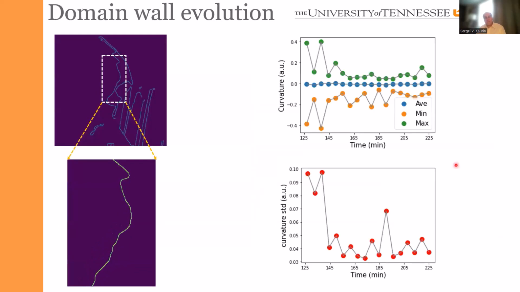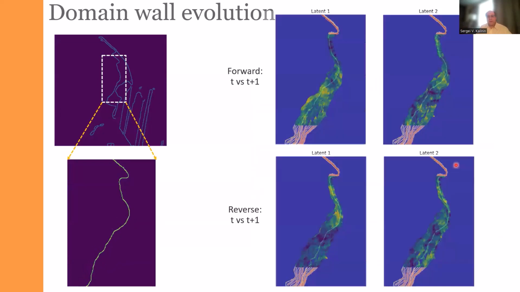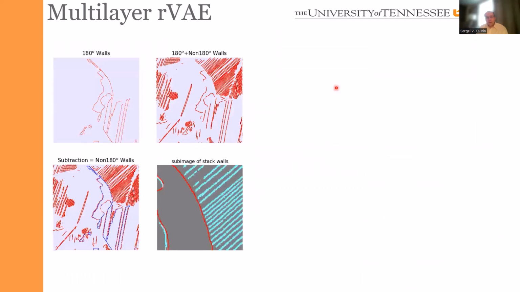And we typically always have very beautiful visualizations of the dynamics in the latent space. So this is an example of how the domain wall moves and how the latent variable changes across the domain wall when it moves forward.